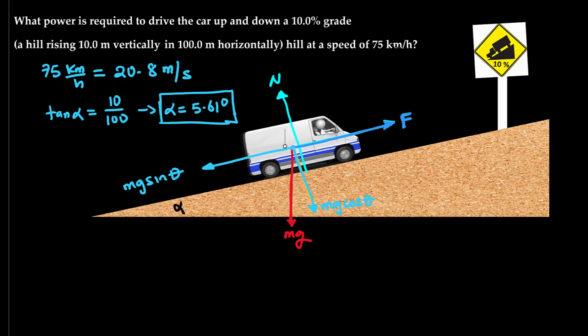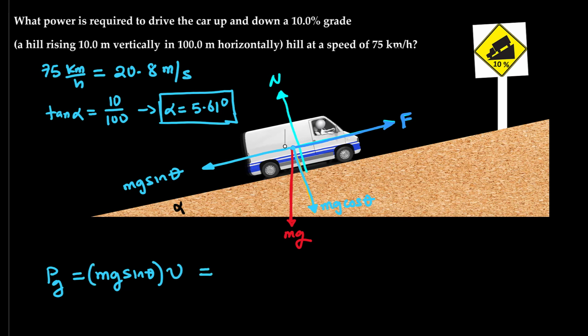So we know that the work done by gravity is equal to mg sine theta, which is the component of gravity in the direction of motion, multiplied by the distance moved by gravity up the inclined plane. But the crucial part that I want you to understand is the extra power required to counteract gravity will be equal to the force of gravity, mg sine theta, multiplied by the speed of the car.